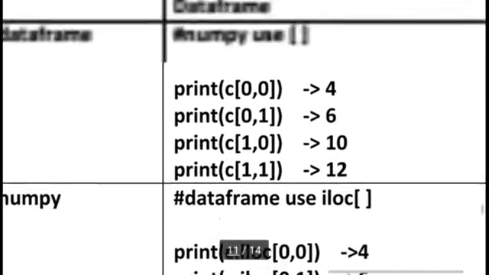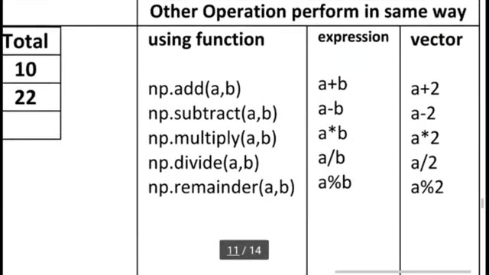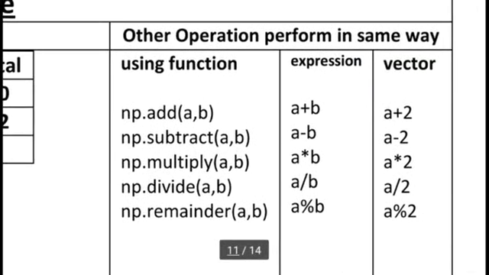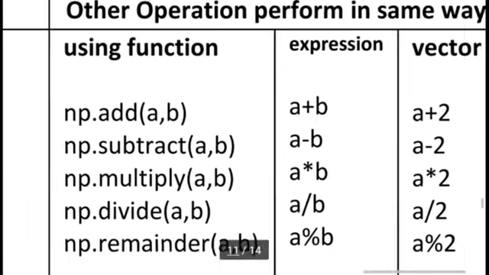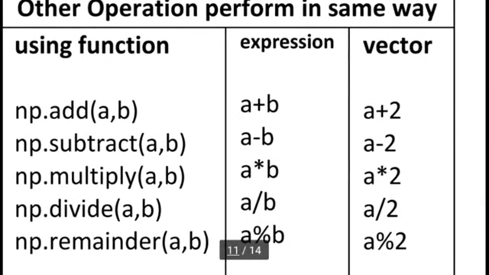Okay, these are the other things you can see. Here I am using only the add operation and the sum operation. The other operations are subtract, multiply, divide, and remainder. We write a plus b, a minus b, a multiply b, a divide b, a mod b.